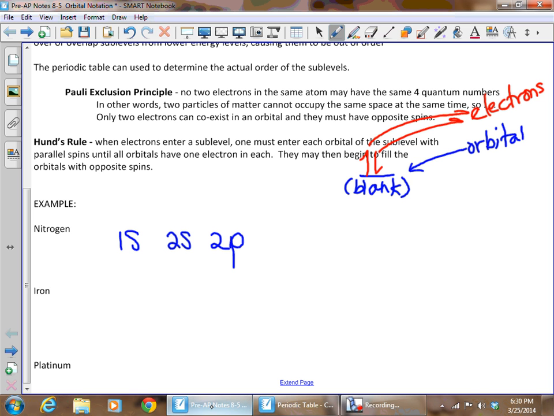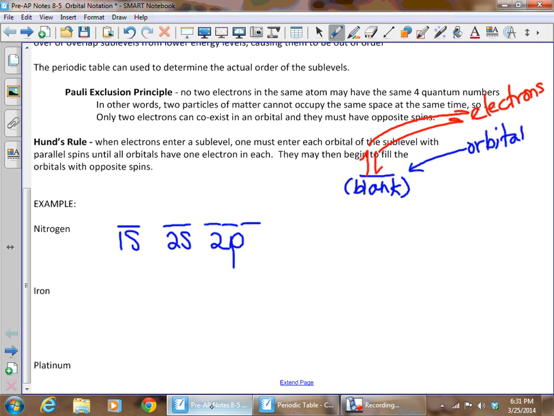So for our orbitals, remember from the last discussion, we have one orbital in an S type of sublevel, no matter what kind of S sublevel it is. P sublevels have 3 orbitals, and so this is how we're going to draw that representation for nitrogen.